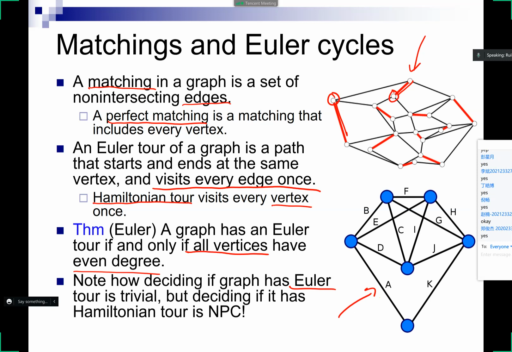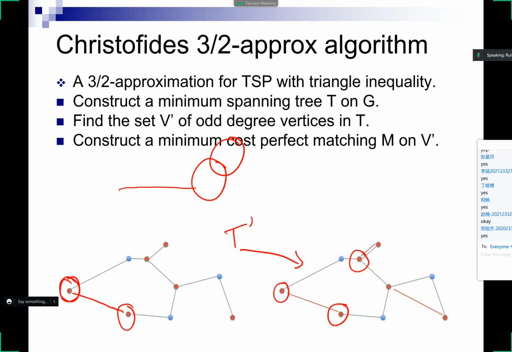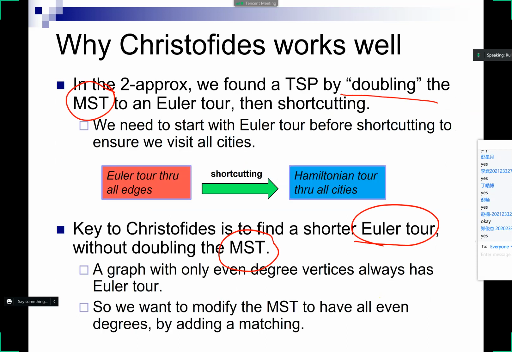So in these special situations, like the planar situation or the Euclidean situation, you can actually do much better than 1.5 approximation. In fact, you can get a 1 plus epsilon approximation for any positive epsilon. So you can get something like a 1.00001 approximation if you want, in these special settings. Your runtime is going to increase as you make epsilon smaller.